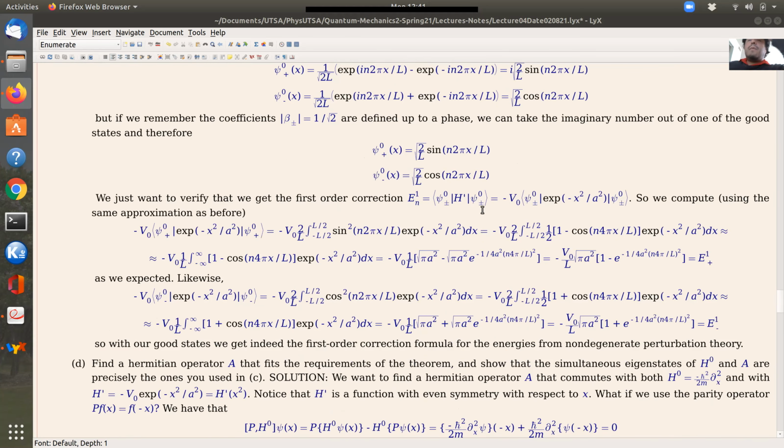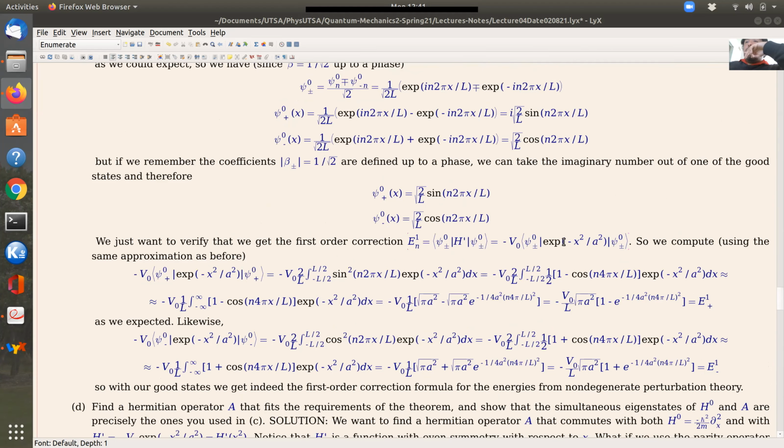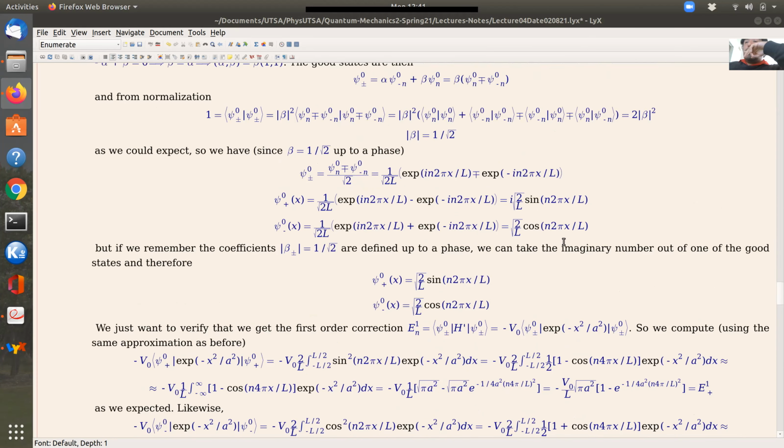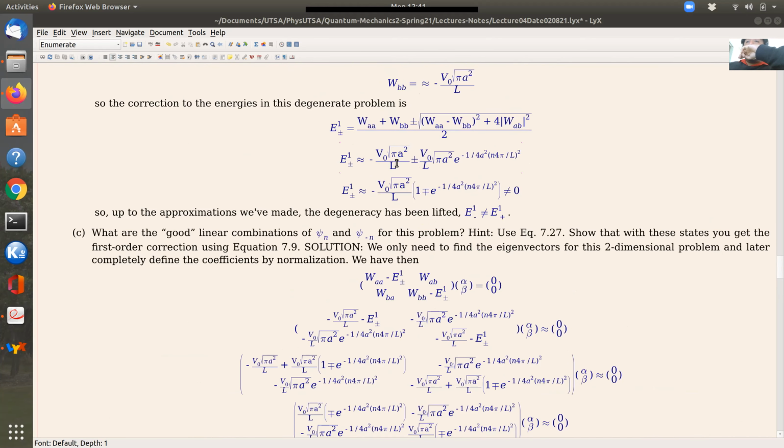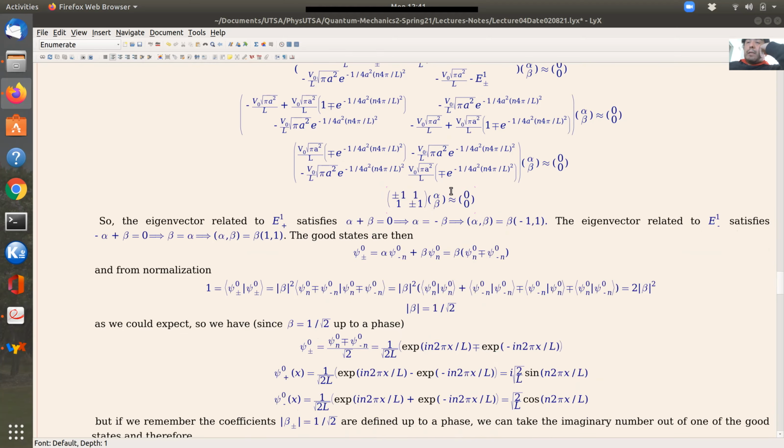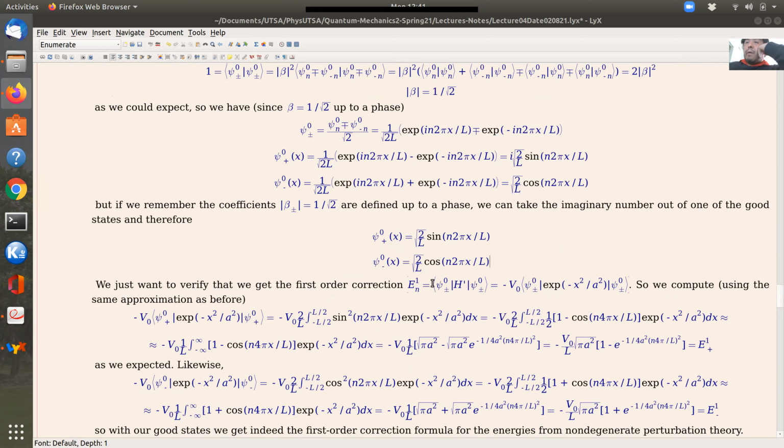Let's do that, right? We just want to verify that we get the first order correction equal to this. We have already calculated the first order corrections here. If you don't remember, we just have to show that for this example they're equal to this, and this comes from plugging in the H prime perturbation.